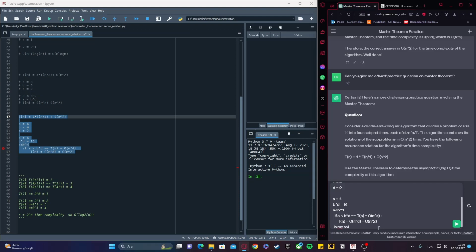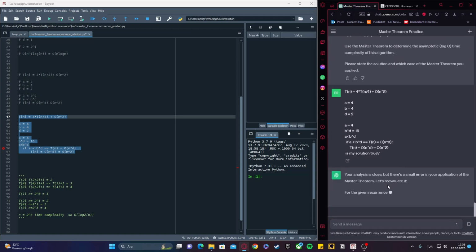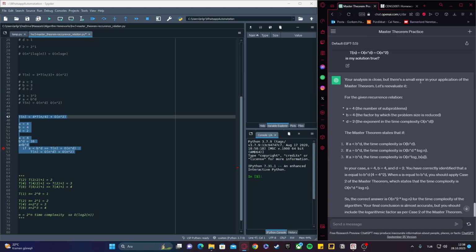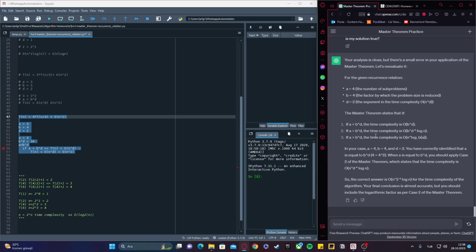Is my solution true? ChatGPT says: your analysis is close, but there's a small error in your application of the master theorem. Where did I go wrong? In your case, you have correctly identified d equal to 1. When a is equal to b to the power d, you should apply case 2.